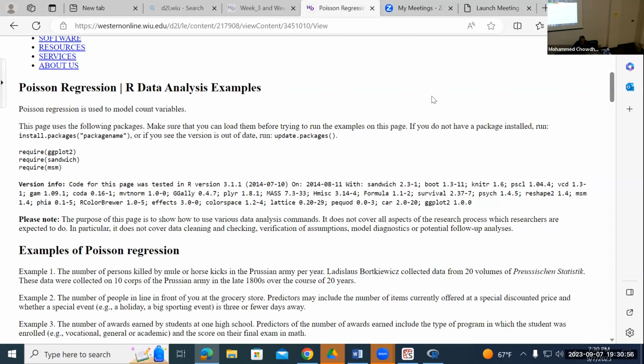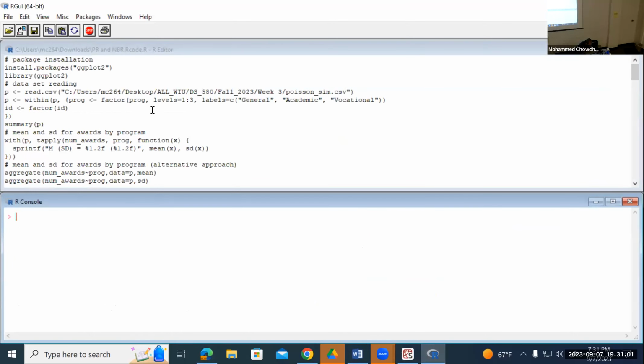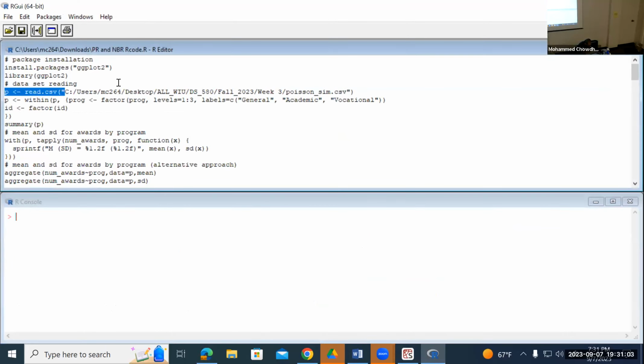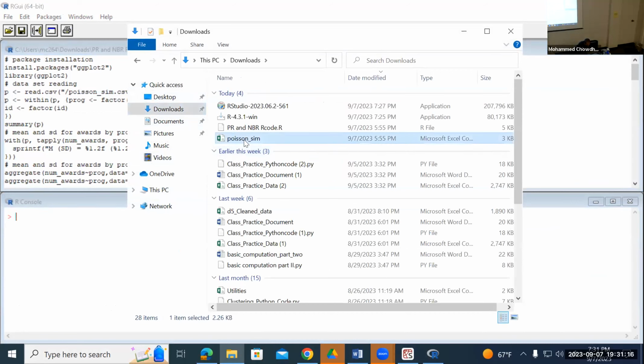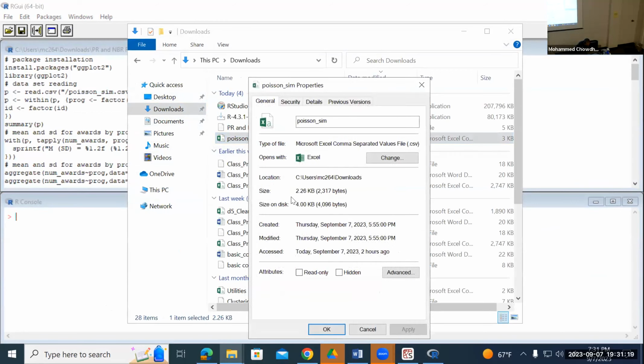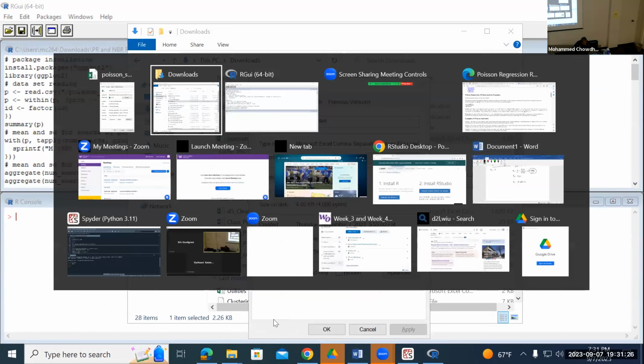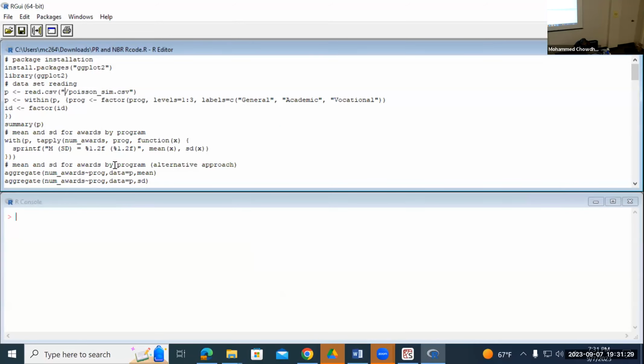So now let me read the data. Let me go change these things. Okay, go there, download the Poisson sim. Okay, now come in here.